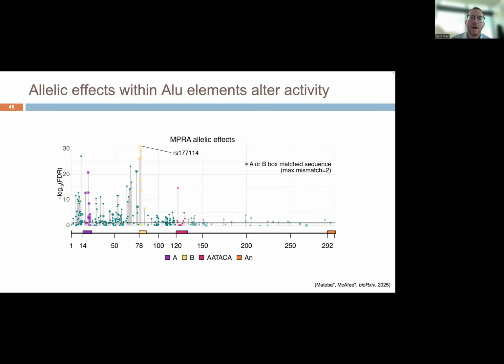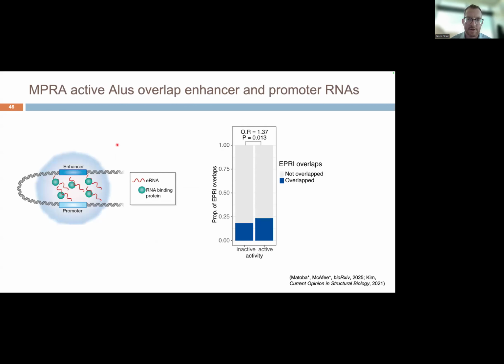To give some more evidence for this, EMPRA variants that lead to differences in activity of the EMPRA constructs were specifically enriched in these A or B boxes in the left arm of the ALU region. This gives further support to the critical regulatory role of these specific regions in governing cortical structure and in ALU element activity.